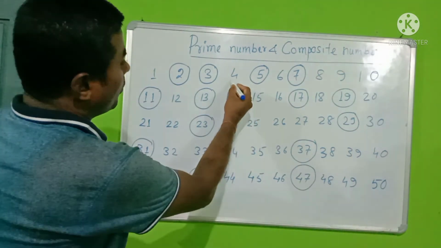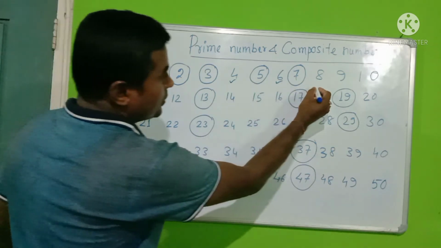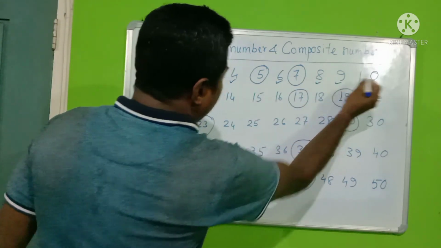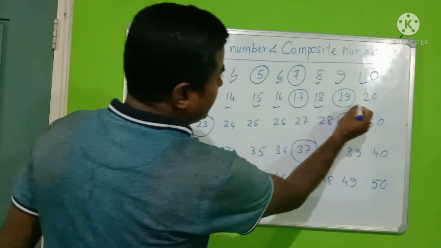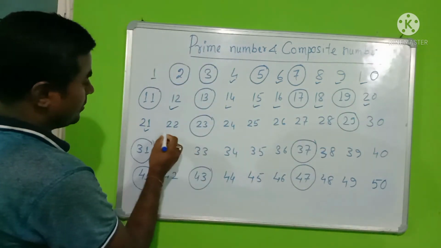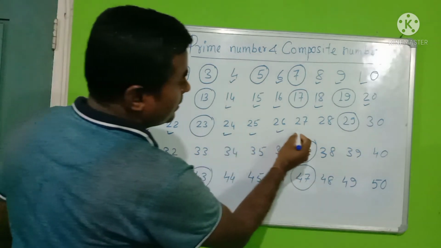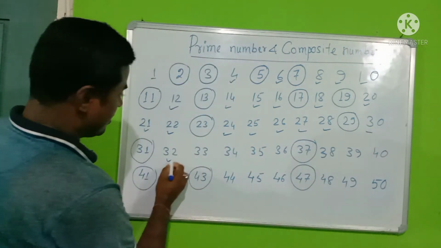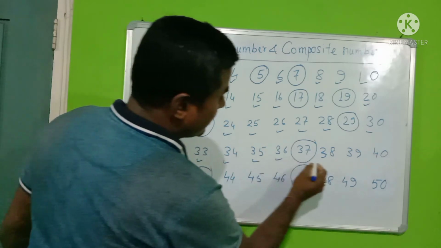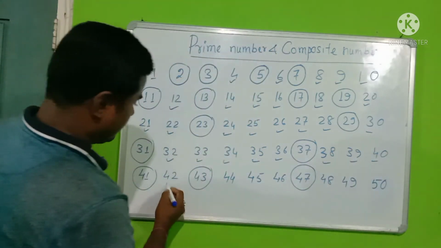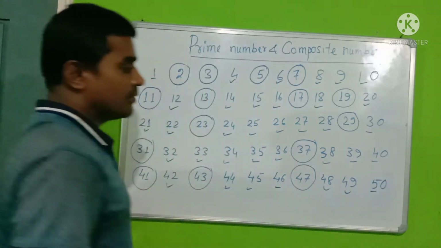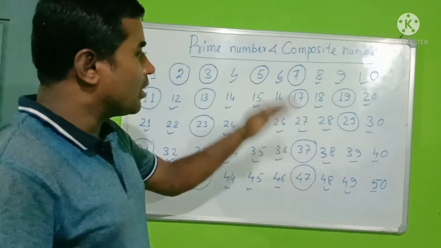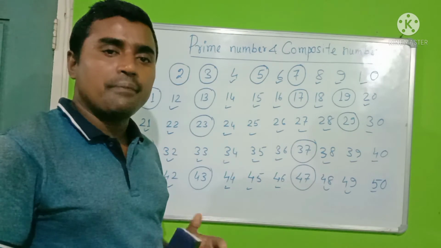That means 4 is composite, 6 composite, 8 composite, 9, 10, 12, 14, 15, 16, 18, 20, 21, 22. All the ticked numbers are composite and all the encircled numbers are prime.